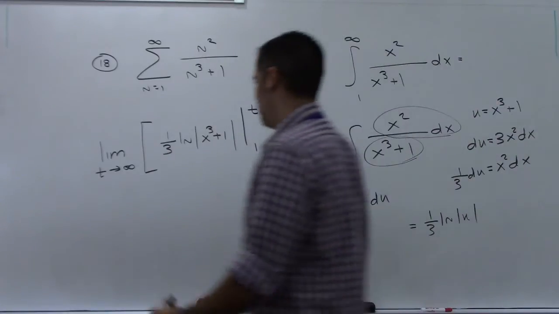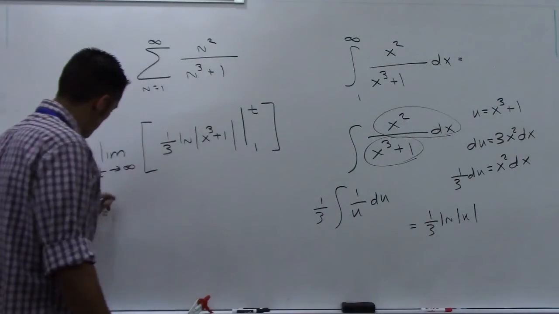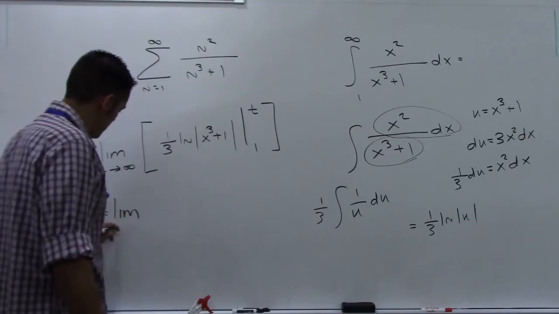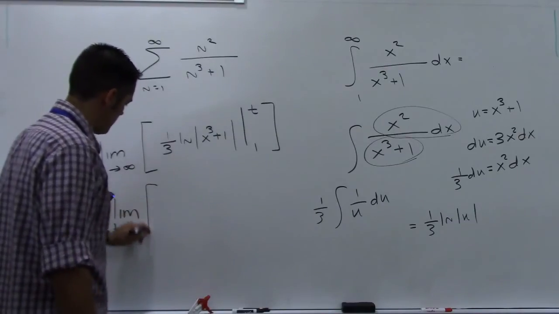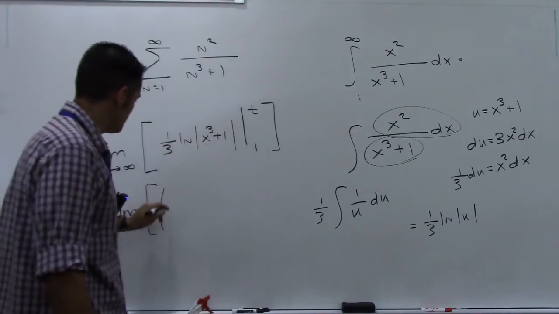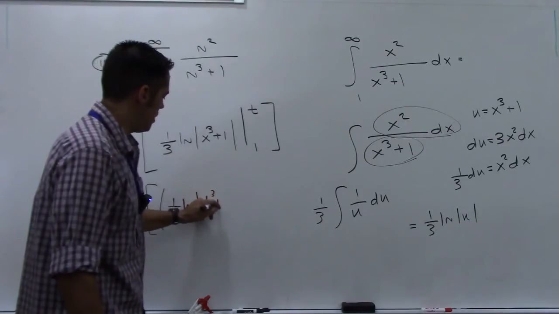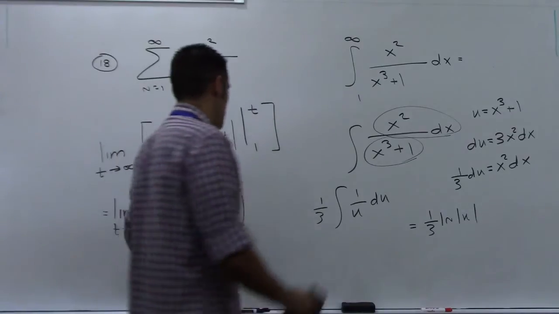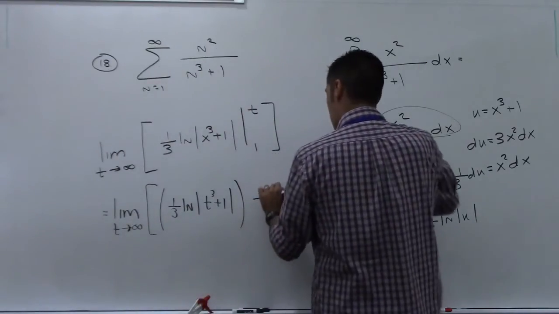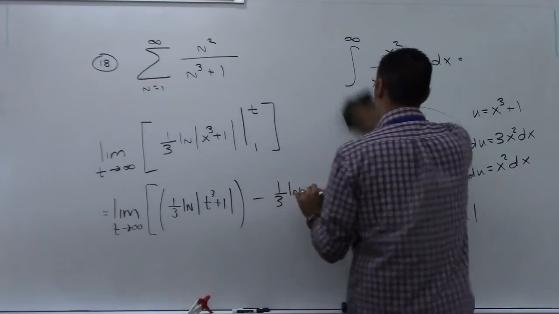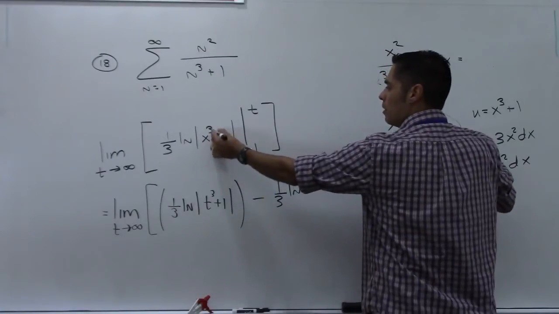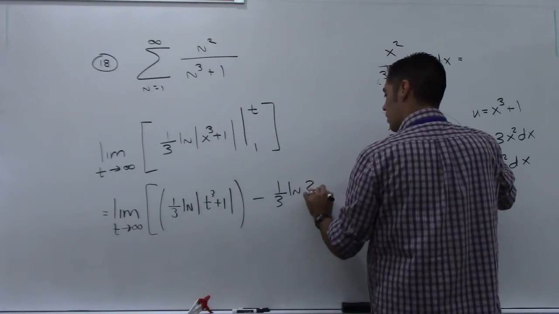And now, when we plug in, limit as t goes to infinity, let's plug in t first: 1/3 natural log absolute value of t cubed plus 1. And then minus 1/3 natural log. When we plug in 1 here, we get 1 cubed plus 1, that's 2. So natural log of 2.